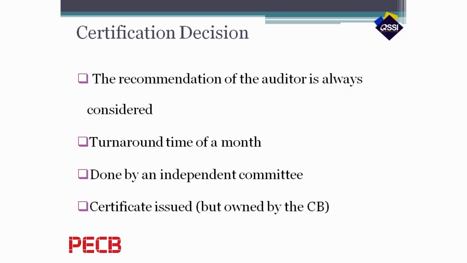If the auditor says, I'm recommending you for certification, that is something that is considered, but understand that the auditor is not the one who makes the decision on certification. It's a separate independent person or committee that makes that decision. Usually their turnaround time is 1 month, and afterwards the certificate is issued. But remember that the certification body owns that certificate. It is not owned by the company. Please let me stress that it is not owned by the company.